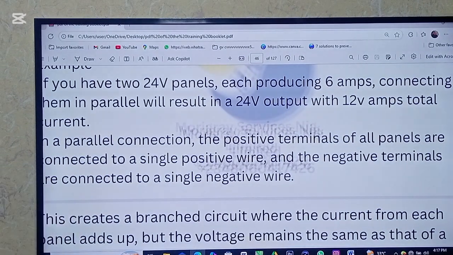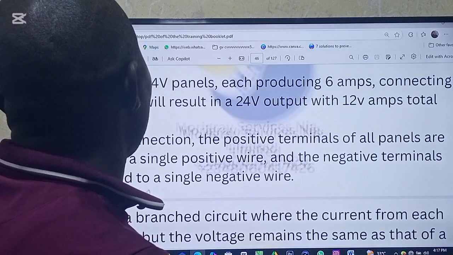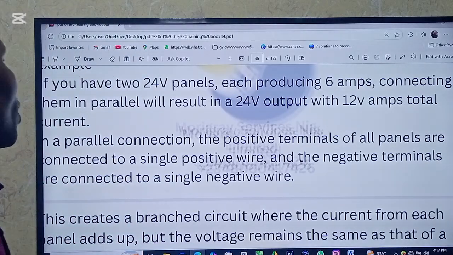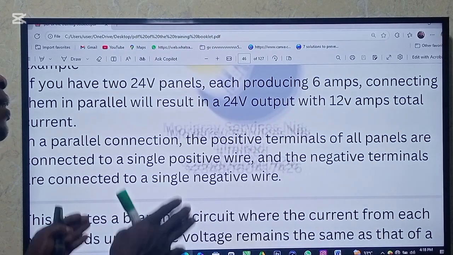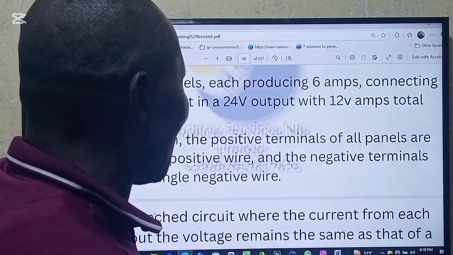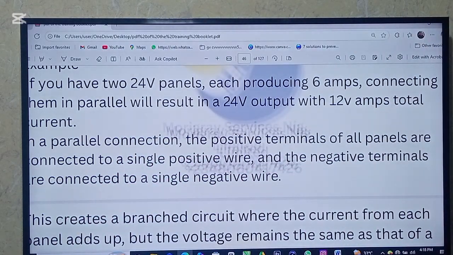Now, as we have 24 volts panels, each producing 8 amps, when we connect them in parallel, it will result in 24 volts and the output is 32 amps as total current. And that is why what you need to do is connect the positive terminals together and connect the negative terminals together.